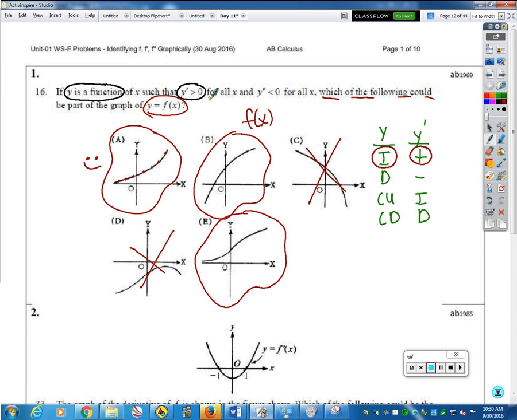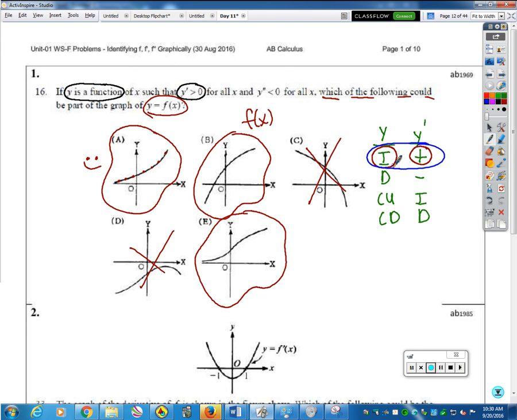You good with that? So I look over here and know that when y prime has positive y coordinates, that indicates to me that the function y itself will have y coordinates that go up. Does that answer your question? Yeah. Perfect. Anybody else?